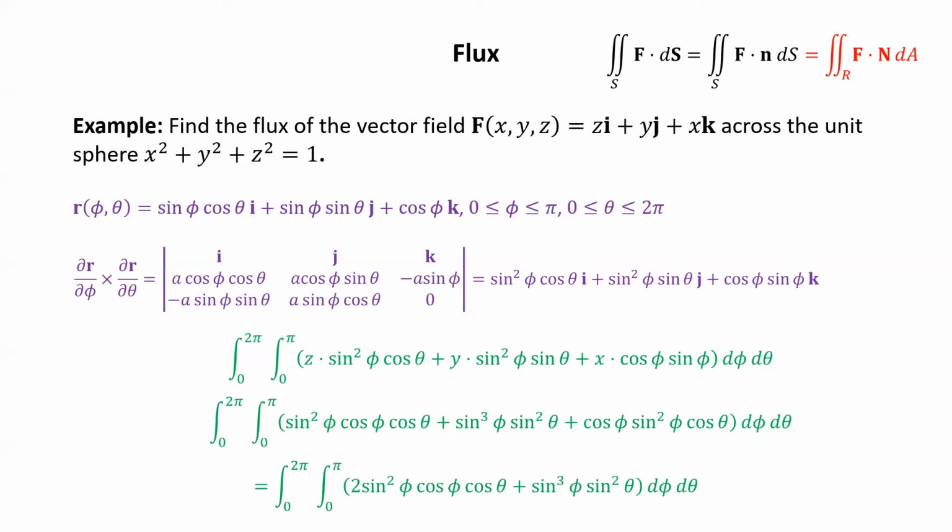Combining the first and third terms, we then get 2 sine squared phi cosine theta plus sine cubed phi sine squared theta. I just copied the middle term down. And the final answer here is 4 pi over 3. The double integral is straightforward, so I will leave it to you to check the details.